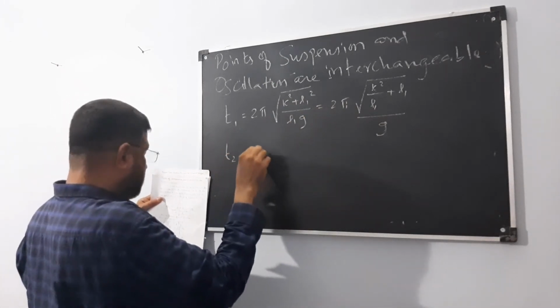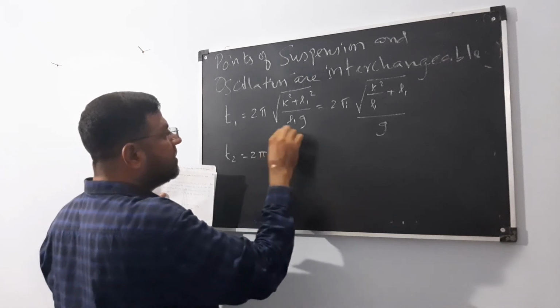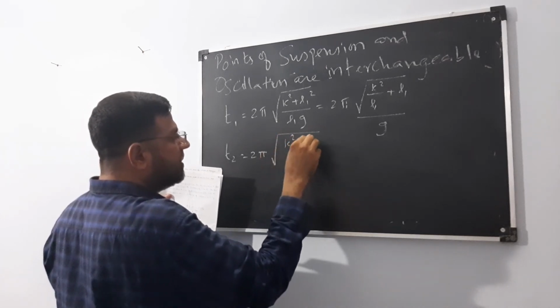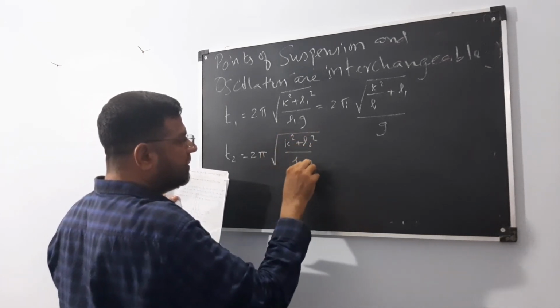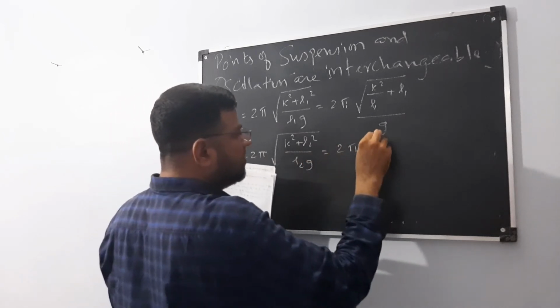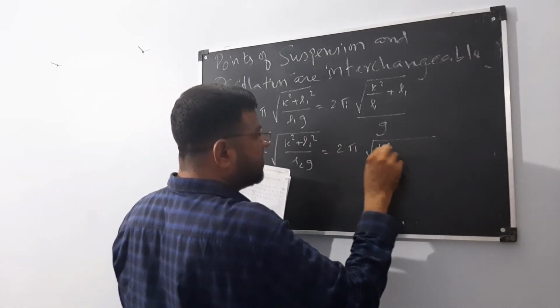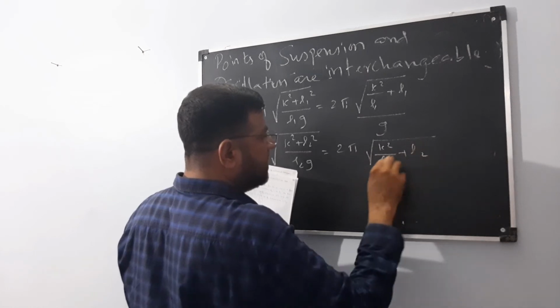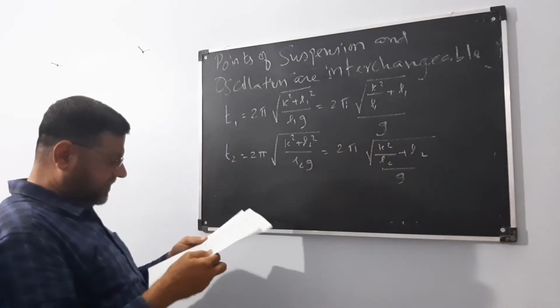T2 is equal to 2 pi into root of (k square plus L2 square) by L2g, or you can write this as 2 pi root of k square by L2 plus L2 divided by g.